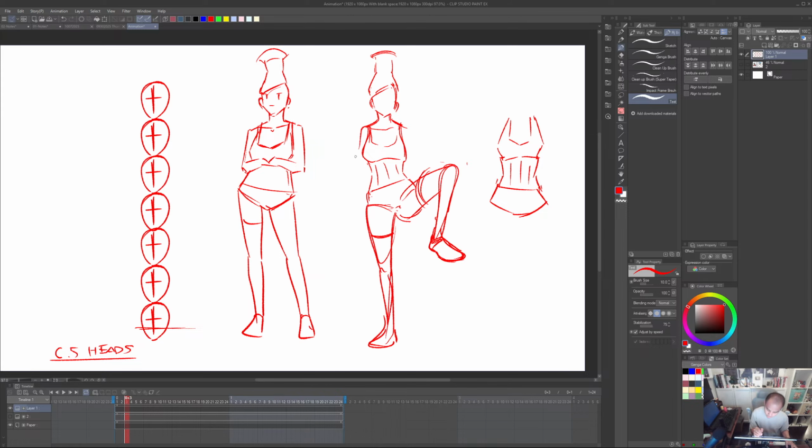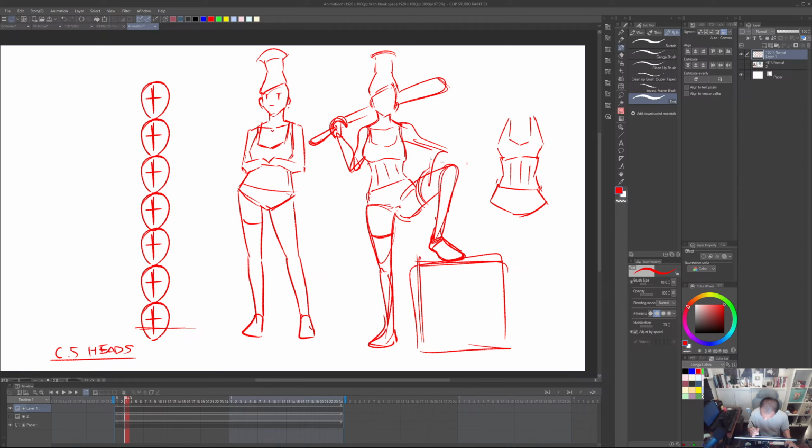And again, that's just the base, right? You see, this is a very rough way of drawing her.